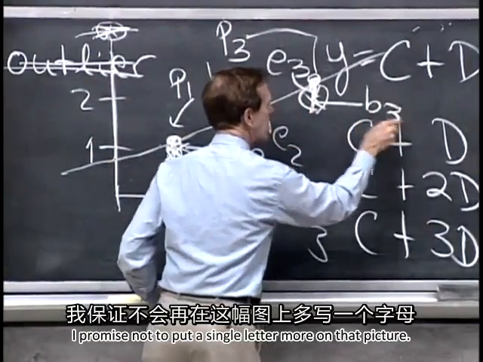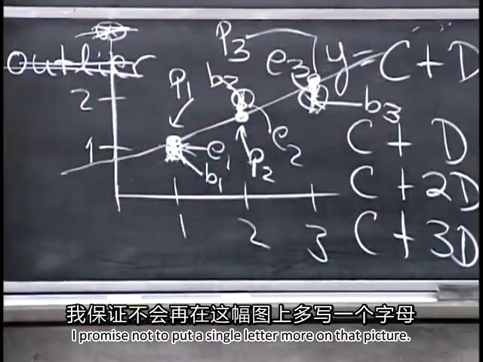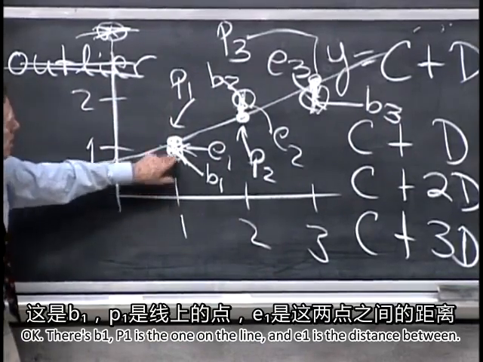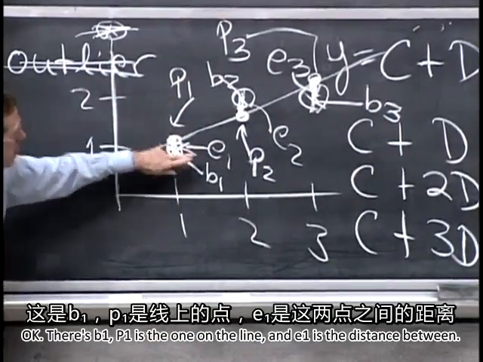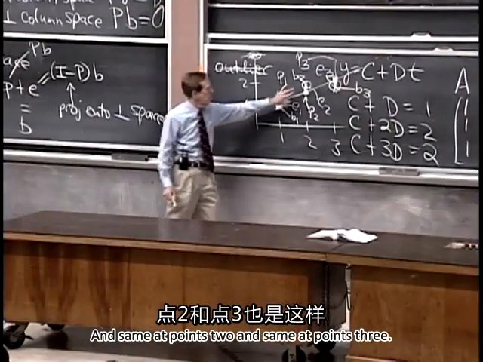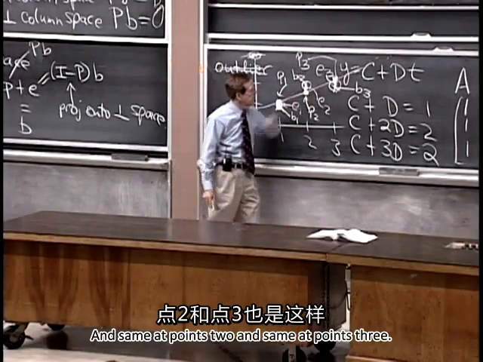Sorry, my art is, as usual, not the greatest. I promise not to put a single letter more on that picture. P1 is the one on the line, and E1 is the distance between. And same at points 2 and 3.